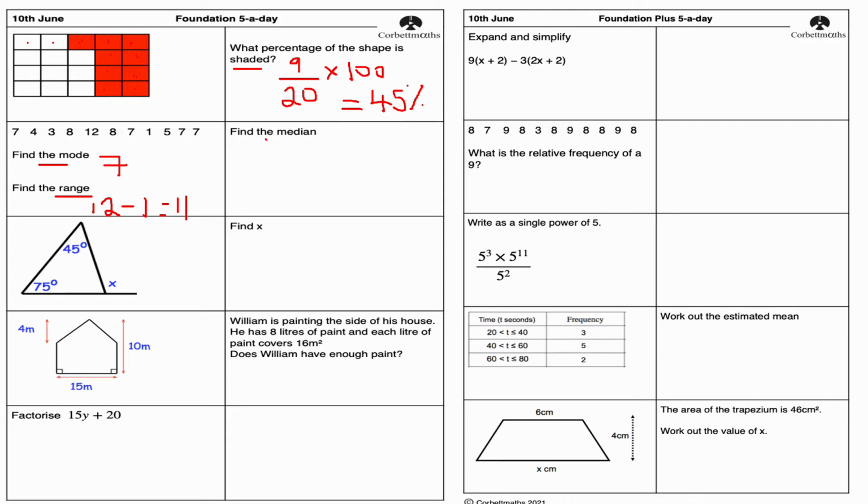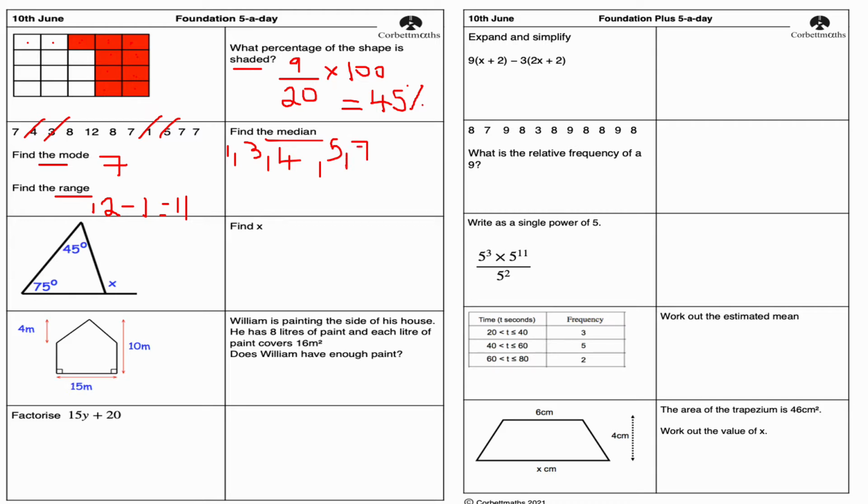Next part, to find the median. Arranging it from smallest to biggest, I've got 1 there, then I've got 3, then I've got 4, then I've got 5. Then I've got 4 7s.